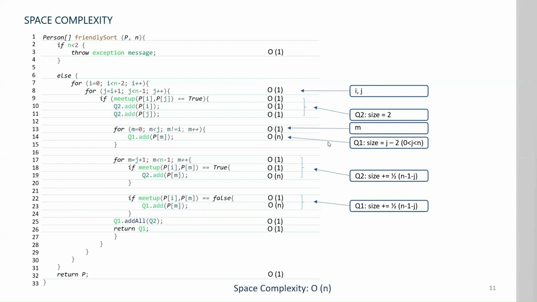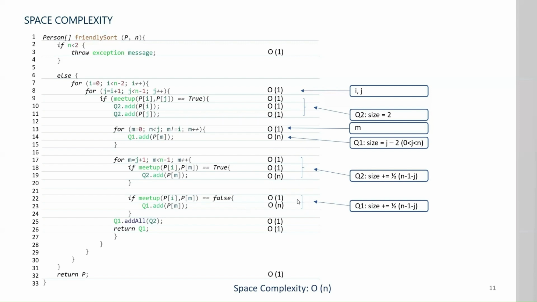Line 14, after this loop, Q1 size will become j minus 2. j is an integer between 0 and n, so this will take O(n) space. Line 19, after this loop, the size of Q2 will increase by half of n minus 1 minus j, so we'll take space O(n).